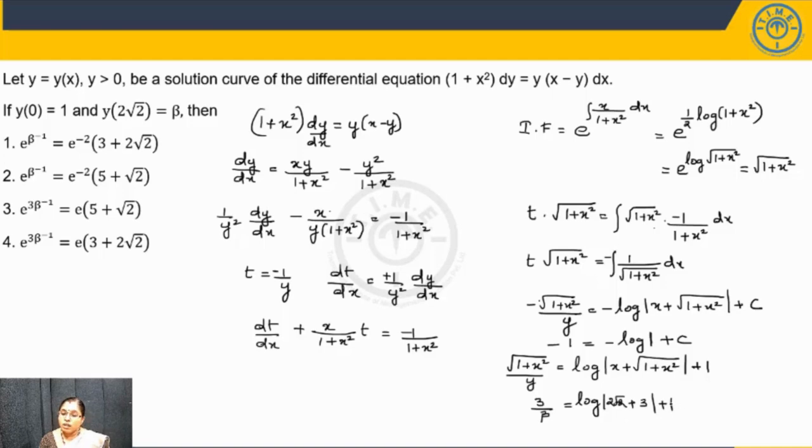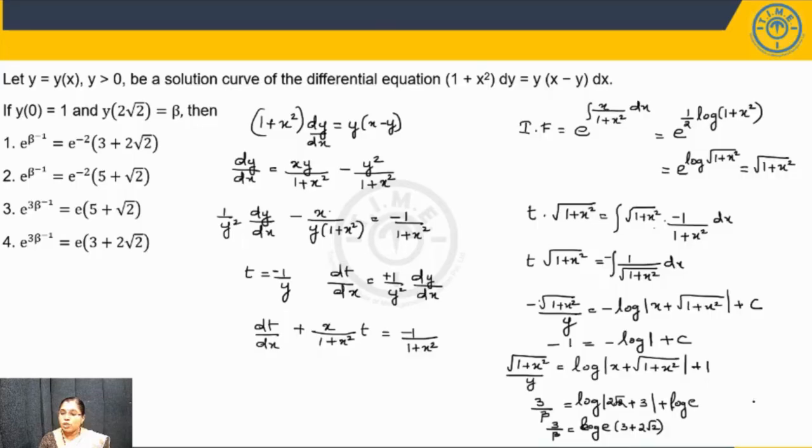Now what is 1? Let us write it as log e. Log a + log b is log ab. So let's write 3/β = log(e(3 + 2√2)).